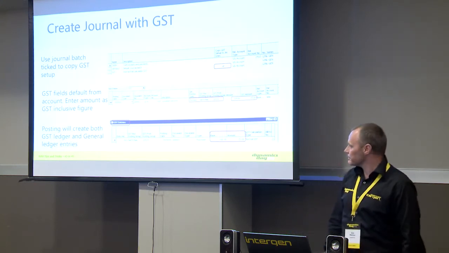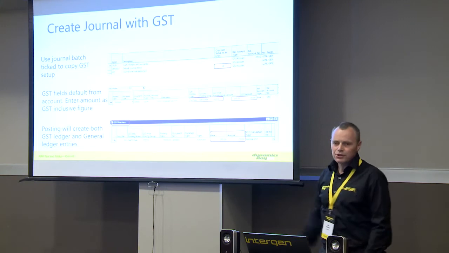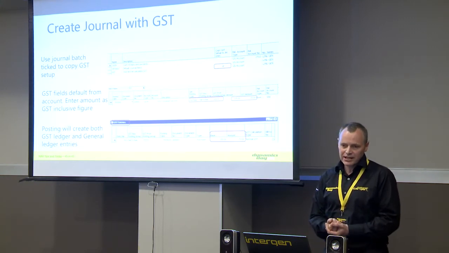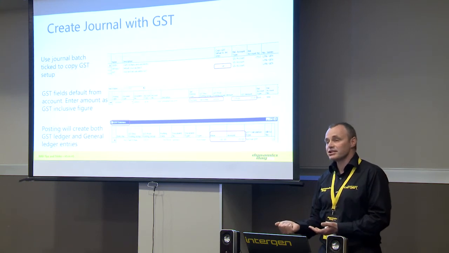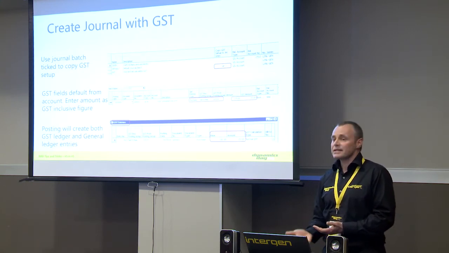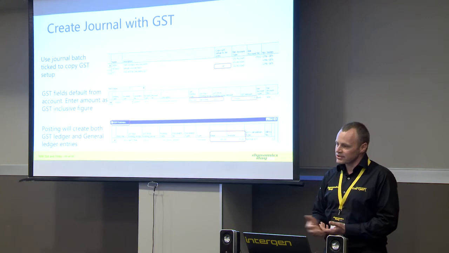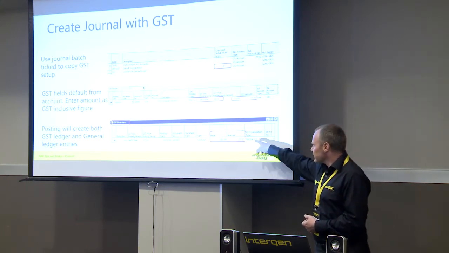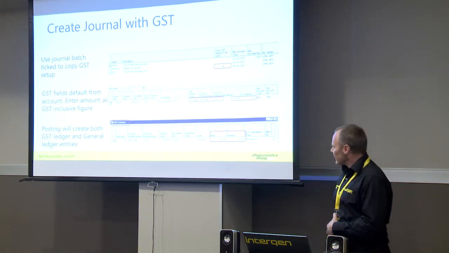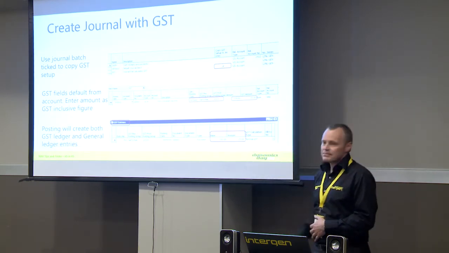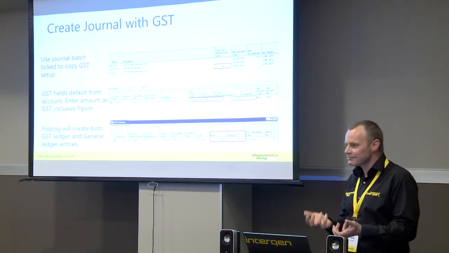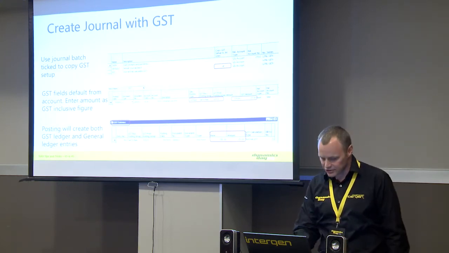That bottom screenshot is just the resulting. So when you're posting with GST, you not only get your GL entries, you get the GST ledger entries, and it's the GST ledger which is used by the GST settlement process. So on a GST ledger entry, you get both the base amount and the GST amount. And if you think about it, they're the two amounts that are used in calculating a GST return.